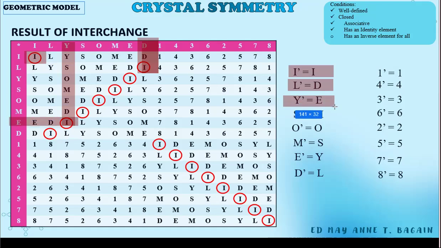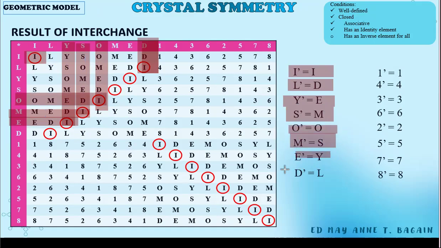That is why the inverse of Y is E. The same with S. If we look here, we can see the I at the M, and that's why the inverse of S is M. And for O, the intersection with I would be at O as well. That's why O is the inverse of O. And the same with M, E, and D.